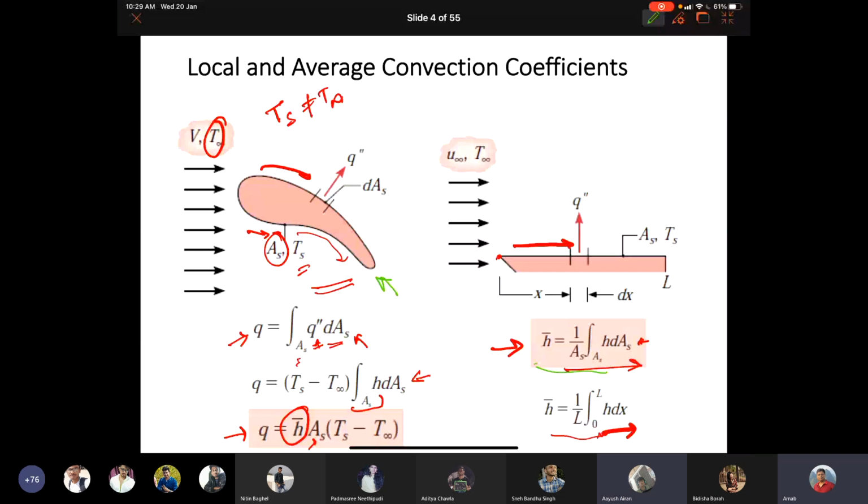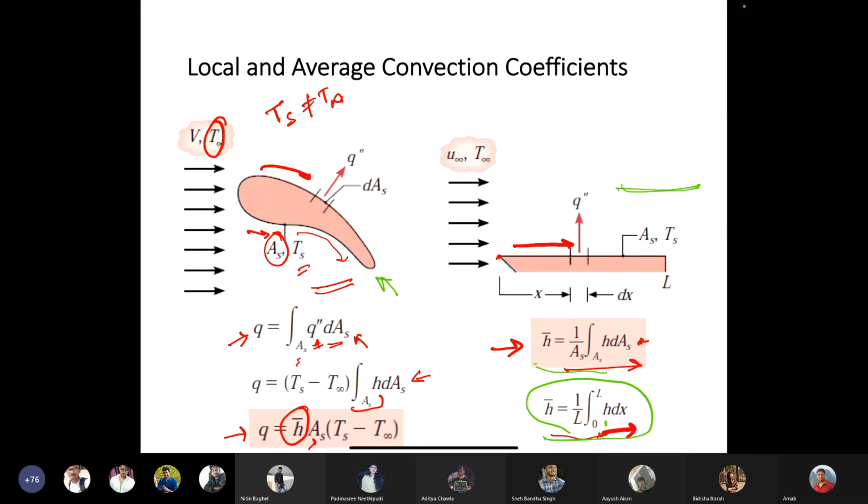If that arbitrary shape is a flat plate, it simplifies to this equation, where again this H is the local H. We will see how we calculate H later. There are several empirical relations that we have to get. Any question further?